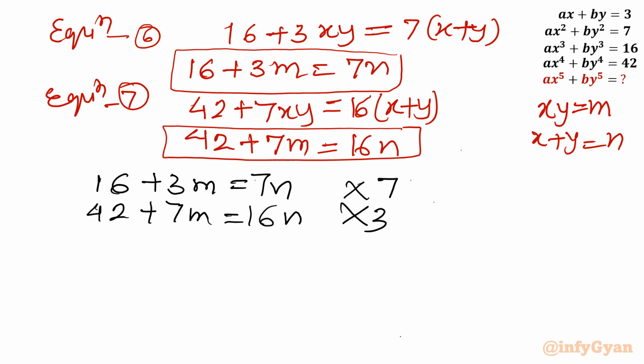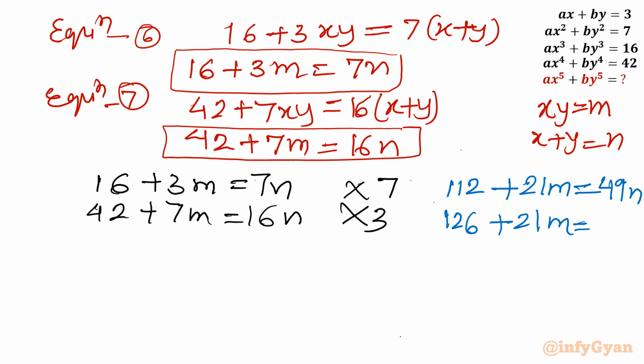So let's multiply 16 times 7. So I can write here 112 plus 7 times 3, 21m, 7 times 7, 49n. Done. 42 times 3, 126 plus 7 times 3, 21m equal to 16 times 3, so 48n.